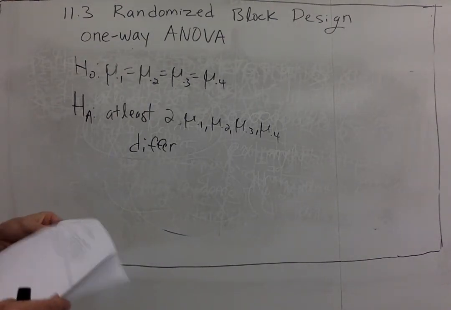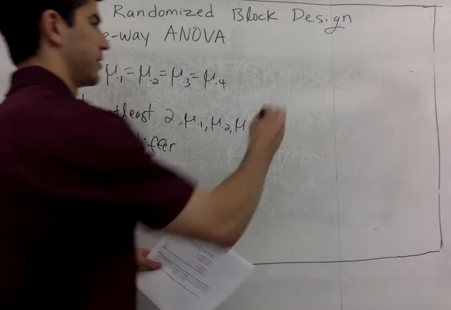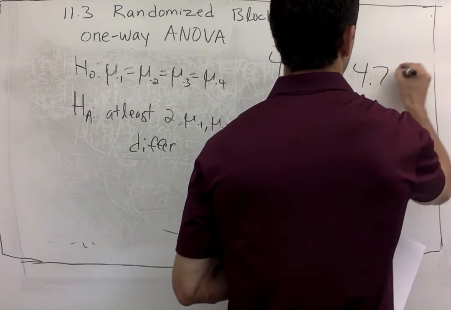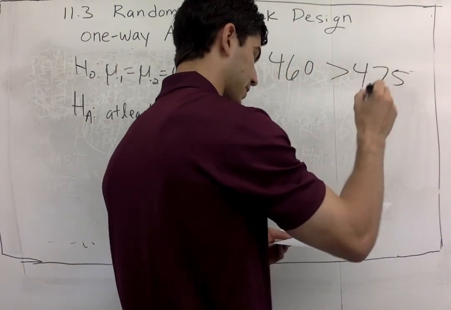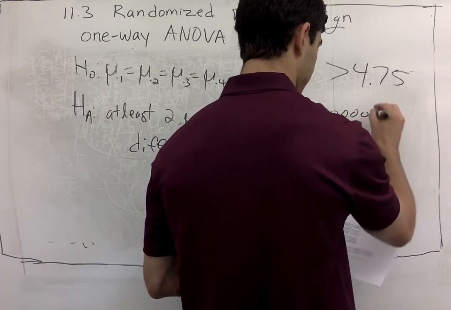Because the blocks are arranged in rows, that's where we want to look on the ANOVA table. The test statistic is very high, 460. It is definitely greater than the critical value of 4.75. The p-value is very low.